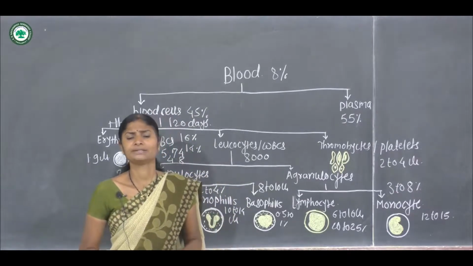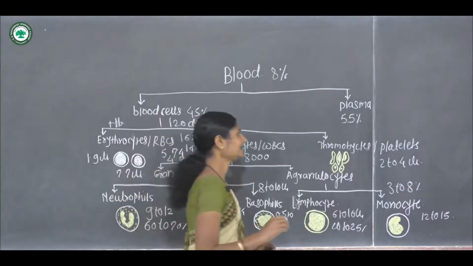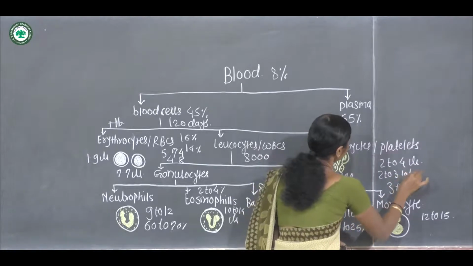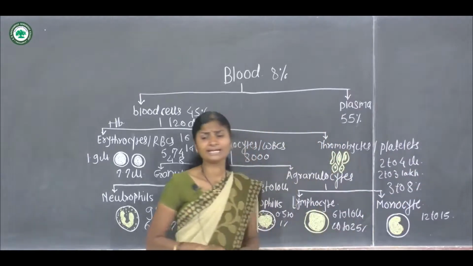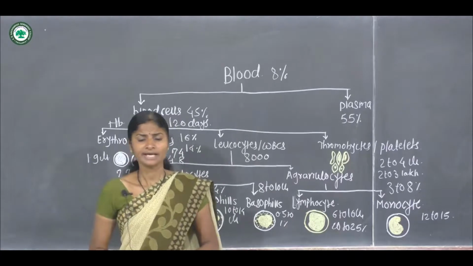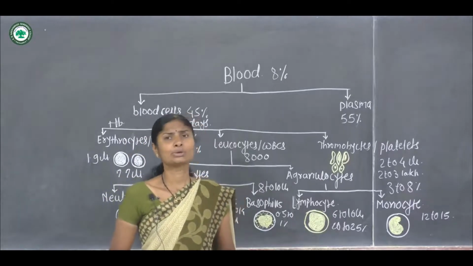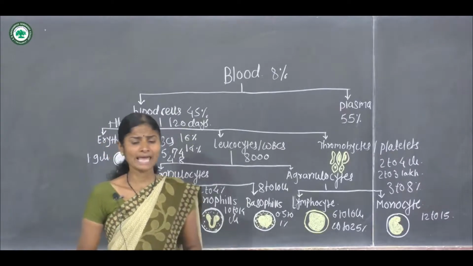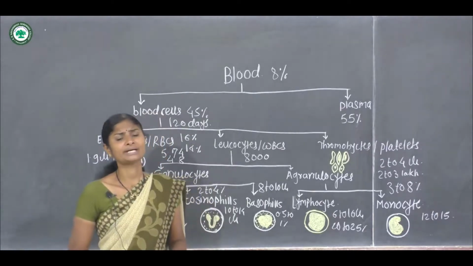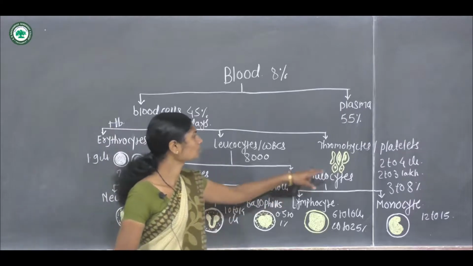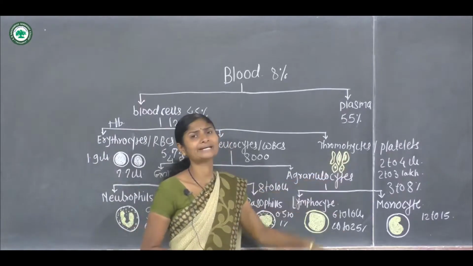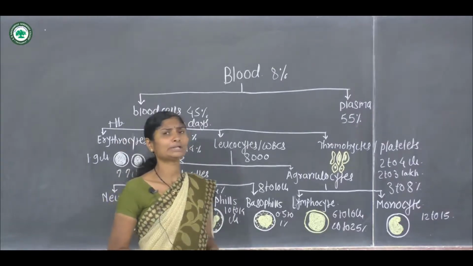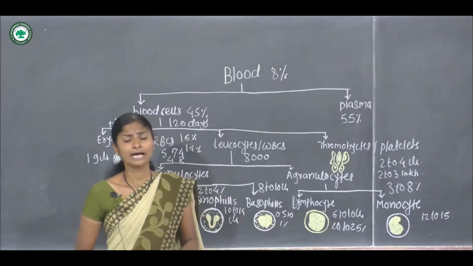The average number is 2 to 3 lakh. Platelets have a central granular area called the chromomere and a peripheral hyaline zone called the hyalomere.